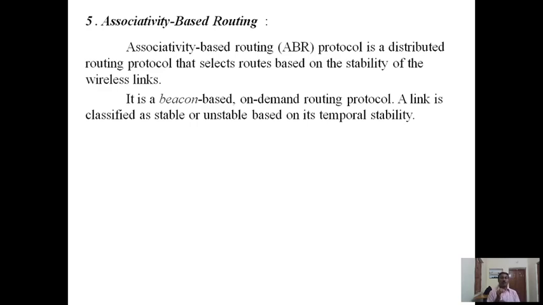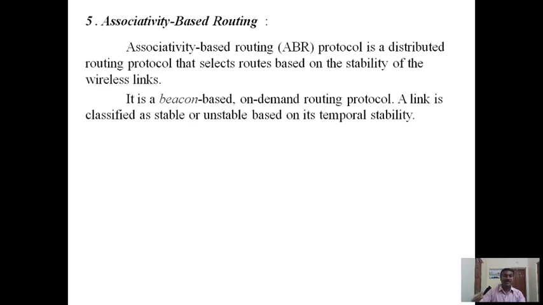And on-demand routing protocol means whenever you need to transfer the data, it establishes the route at that time and transfers the data. So associativity based routing follows both beacon based and on-demand routing.